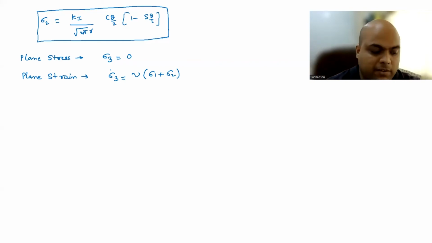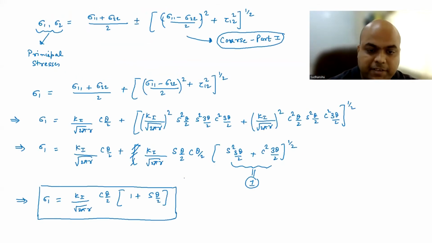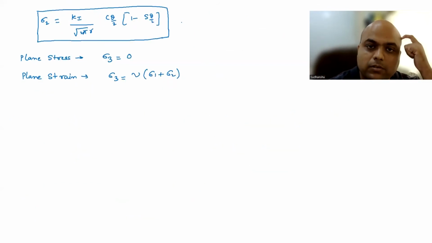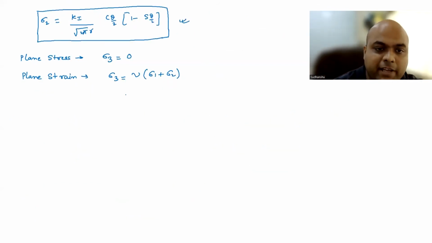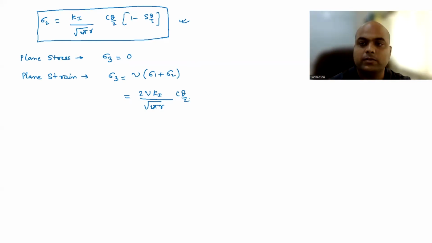You know what is sigma 1 and sigma 2? So we have derived here sigma 1 and then sigma 2. So if you just place those two values, you can calculate what is the value of sigma 3, which is the third principal stress. So that will come out to be 2 mu K1 divided by root 2 pi r c theta by 2. Okay.